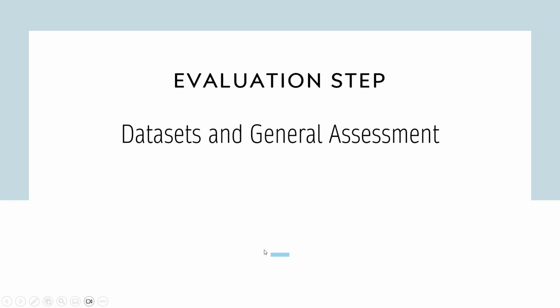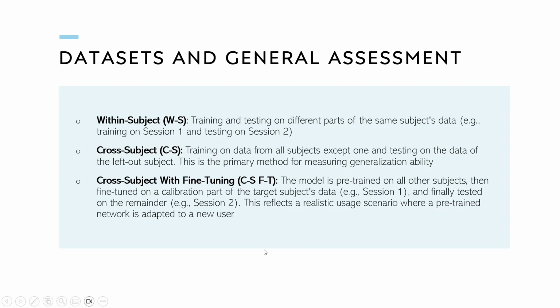Now we're going to talk about the evaluation step for this paper. Evaluation was conducted on 4 open source motor imagery datasets, chosen for their frequent use and differences in size and recording setup, ensuring a comprehensive assessment of generalizability.